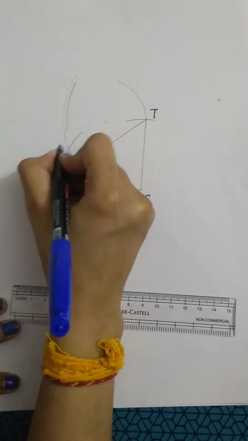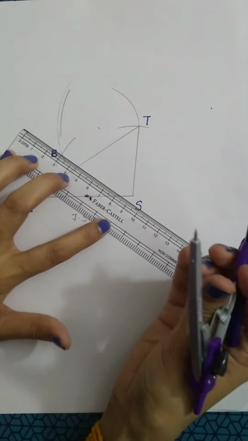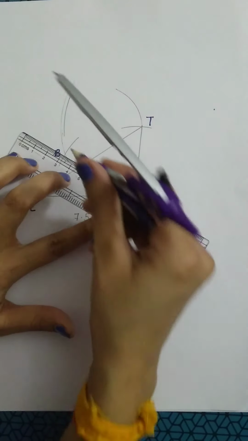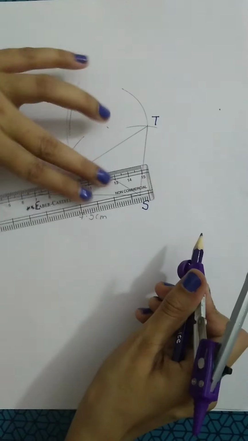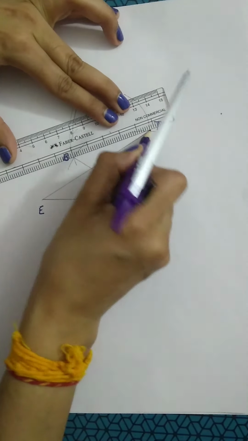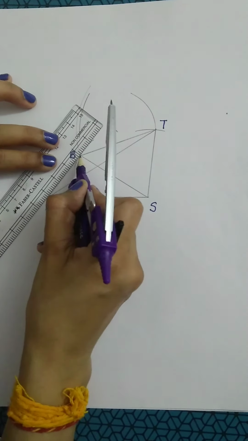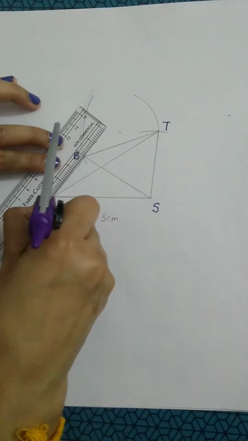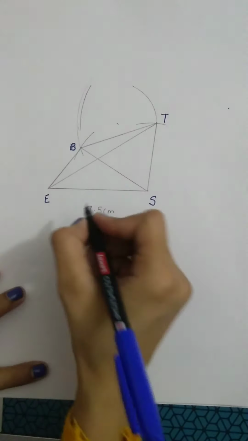This point is B. Now what I will be doing, I will be joining BS. This is the diagonal. And now BT and BE, these are also the vertices of the quadrilateral we have drawn.